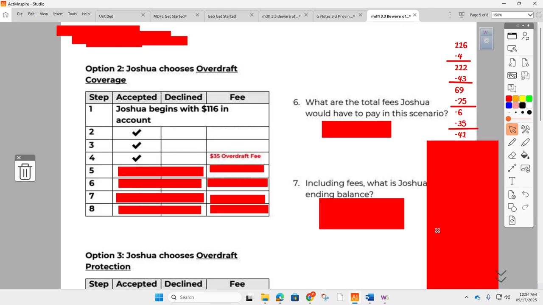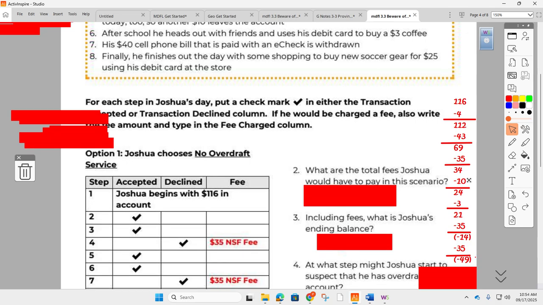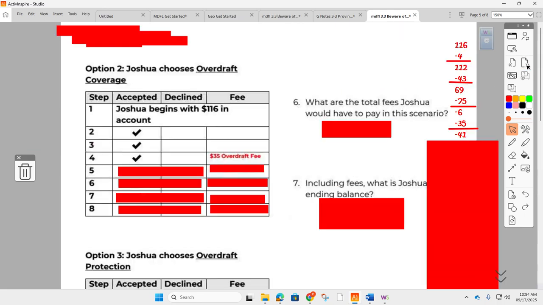So after step 4, option 1, no coverage, sounds like it should be the worst one, right? What was he at? After he was at $24. Now they didn't pay the $75, but he is still not negative, right? So make sure you're paying attention to that kind of stuff when you're picking your coverages.